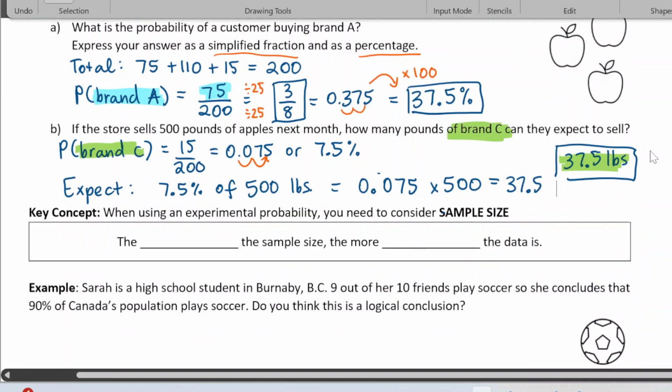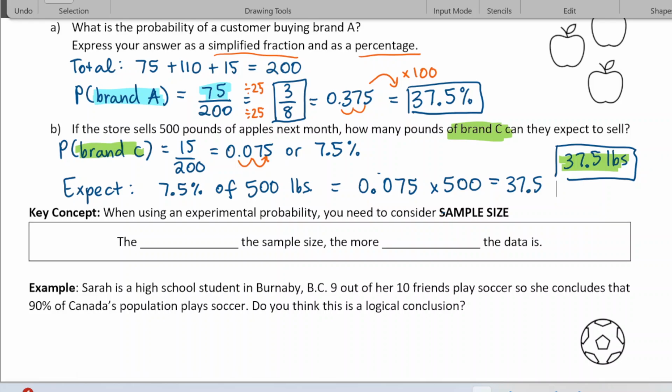Okay, key concept. This is really important. When we're using experimental probability, when we're running experiments, there is going to be some random chance. So sometimes results are not going to be exactly what we expect. But if we do a really big sample size, the results are going to get closer and closer to what's actually expected.